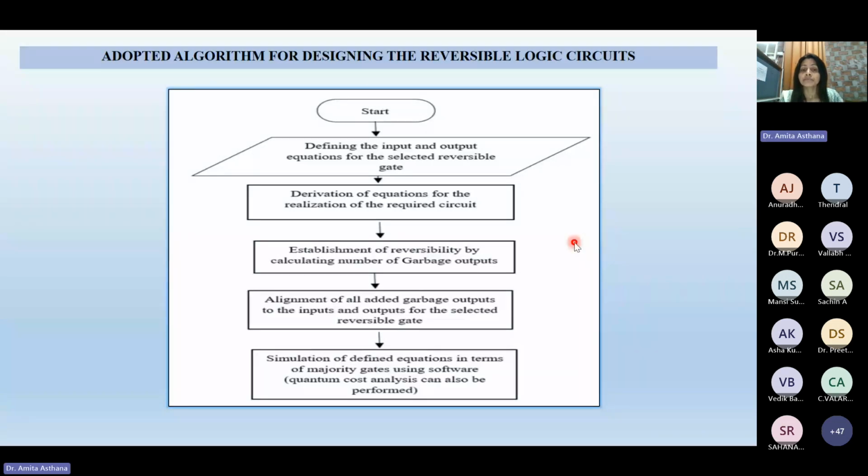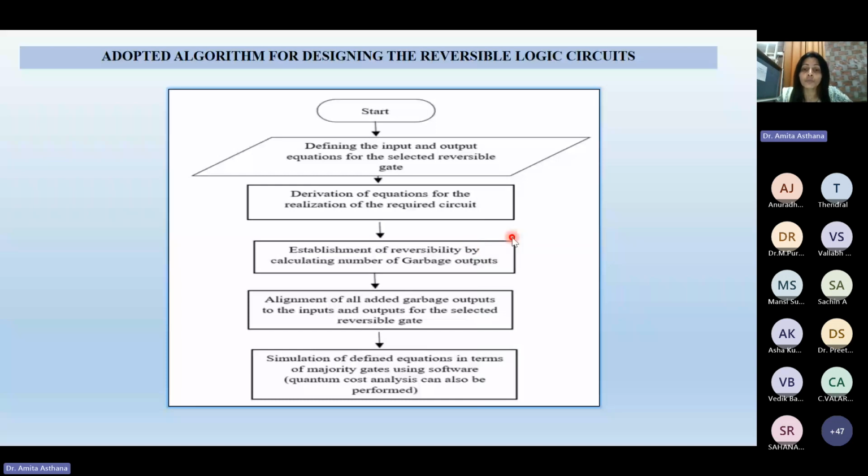That means first of all, we have to define all the input and output equations for whatever reversible circuit we are going to design, derive the equations, and then for establishment of reversibility, we have to calculate the number of garbage outputs which we are going to provide.